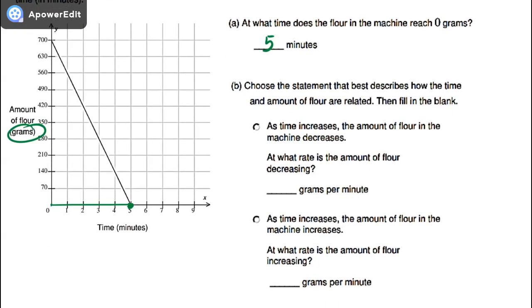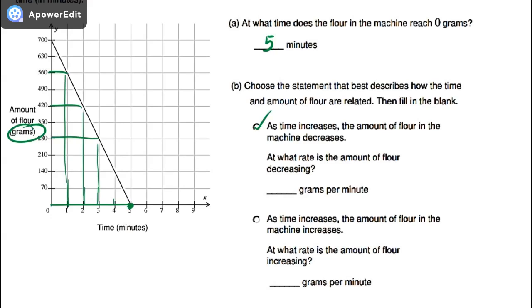As time increases, 1, 2, and 3, the amount of flour is decreasing. At the first minute you have 560 grams, at the second minute it is 420 grams, and at 3 minutes it is 280 grams. So as time goes by, the amount of grams goes down, so that's correct, decreasing.